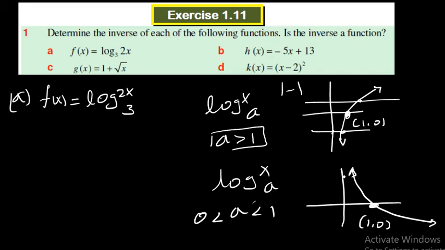So again, the positive y-axis will be a vertical asymptote. It will never cross the positive y-axis. So again, this curve will be crossed by a horizontal line once. So both of them are 1 to 1. Generally, graphs of logarithmic functions will be crossed once only by the horizontal line test. So they are 1 to 1.